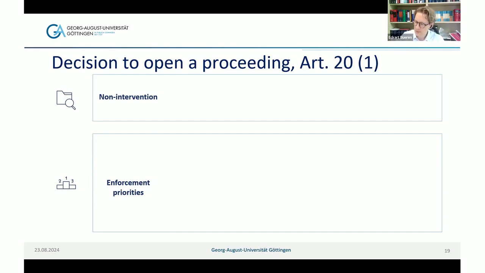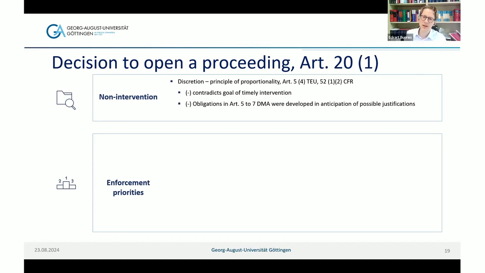My co-author Marcel Zuber and I think that this is not possible, because it would contradict the goal of timely intervention. It would contradict the obligations in Articles 5 to 7 DMA that were developed in anticipation of possible justifications. So the DMA already contains provisions and possibilities for consideration of efficiencies, as shown later.